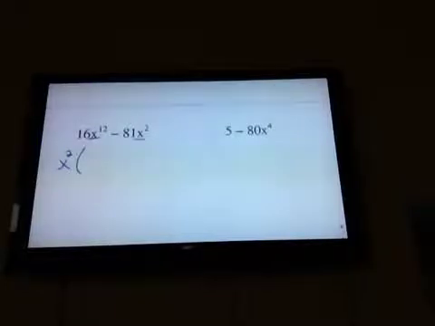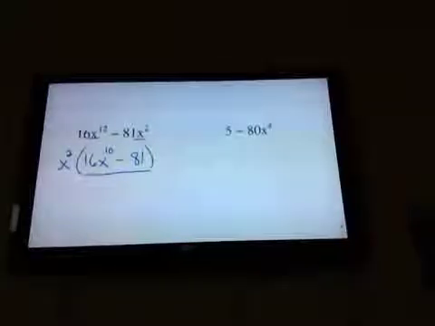And then I'll divide. 16 will come down. X to the second from x to the 12th. Divide that in, subtract it out. That leaves me x to the 10th. 81 comes down, and x squared cancel. When I took that out, I got a difference of squares, so I'm going to factor again.